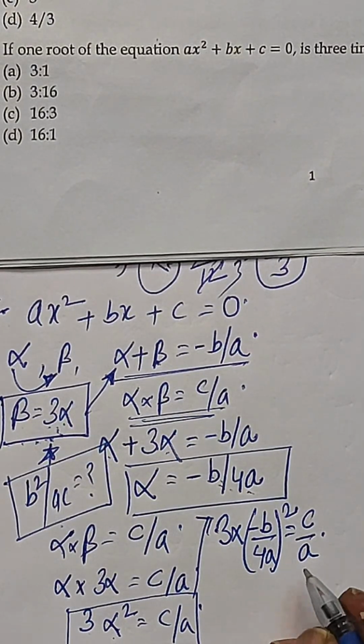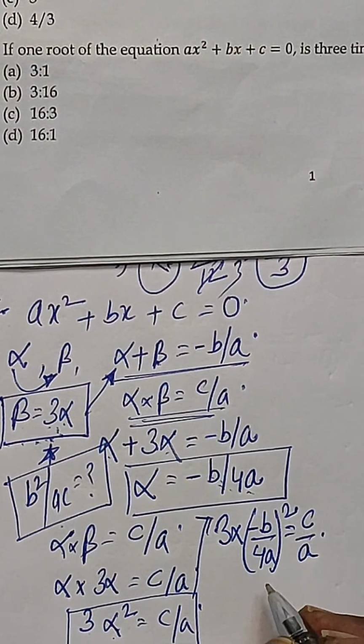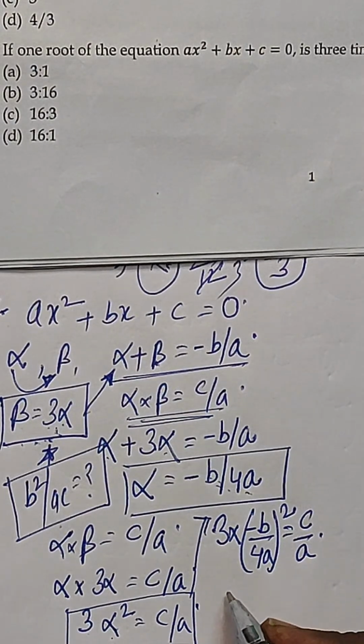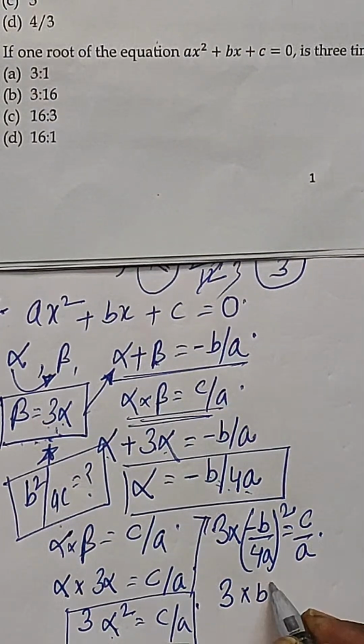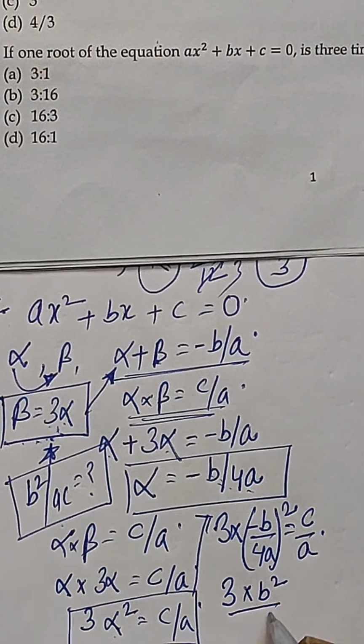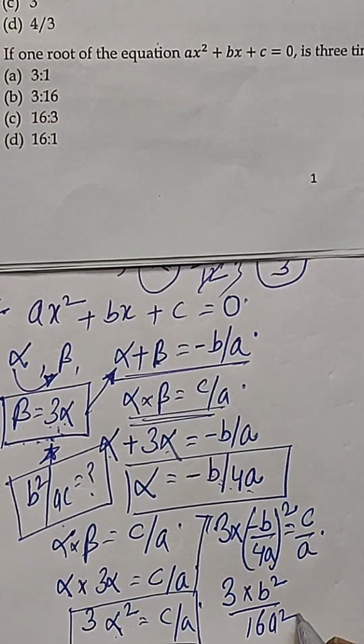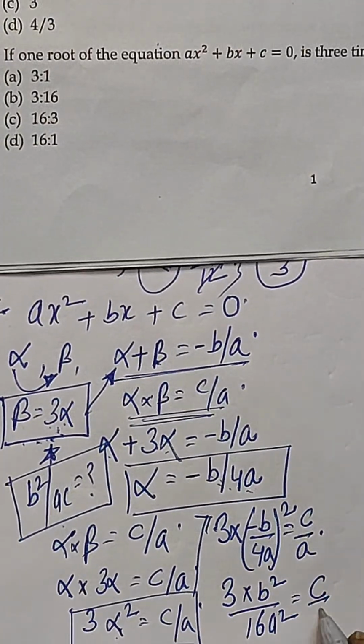So now you can see 3 into b square by 16a square equal to c by a.